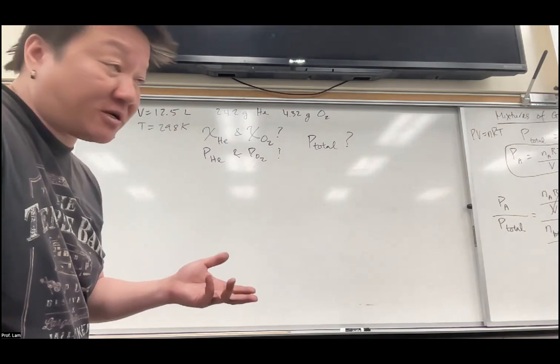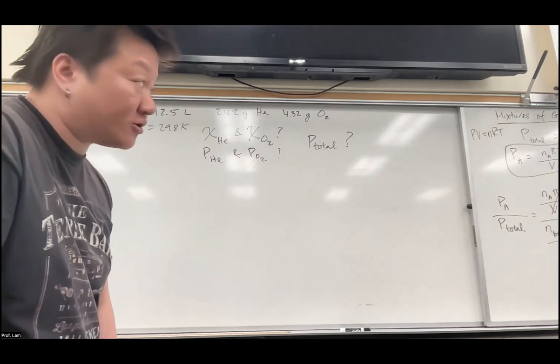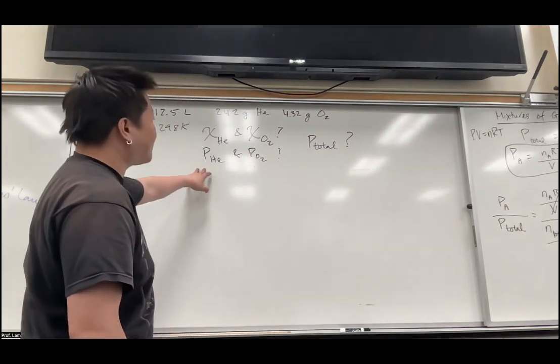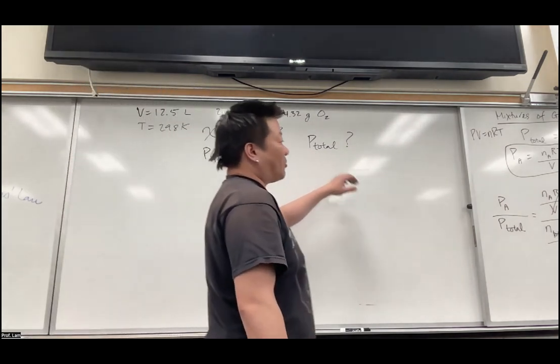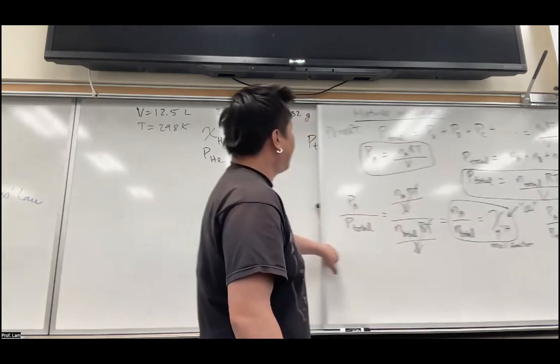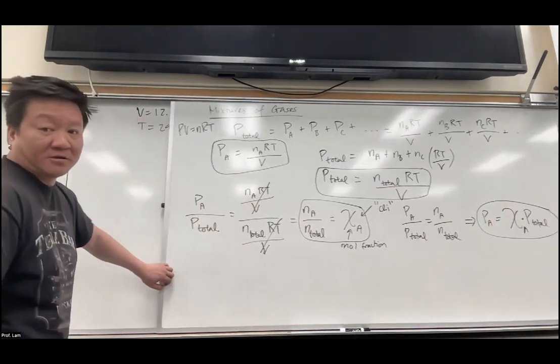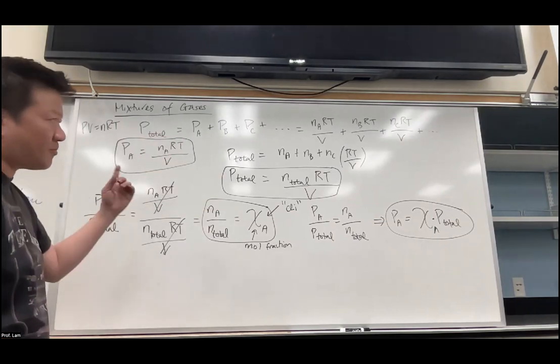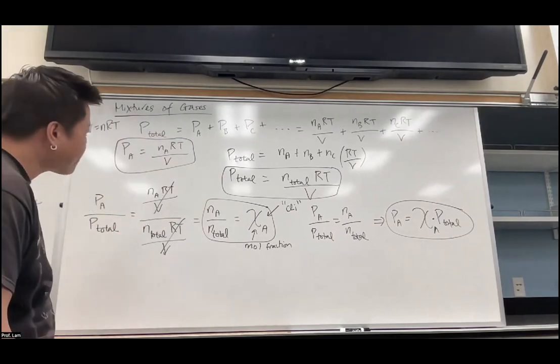What is the information I have that I can use first? So let's see, it's asking for mole fraction, partial pressure and total pressure. Remember our equations earlier? Let's look at the boxes, and then look back at the information you have. Which one would make sense to do?